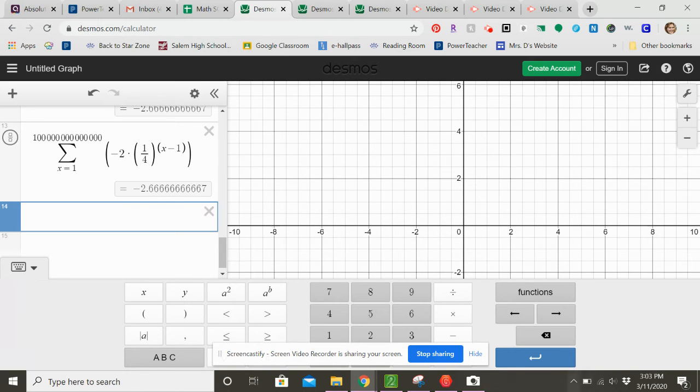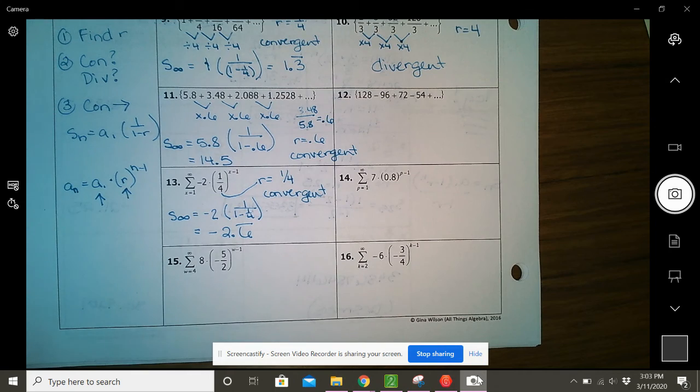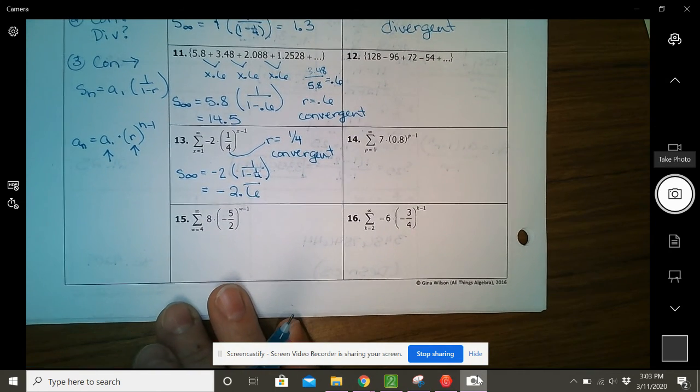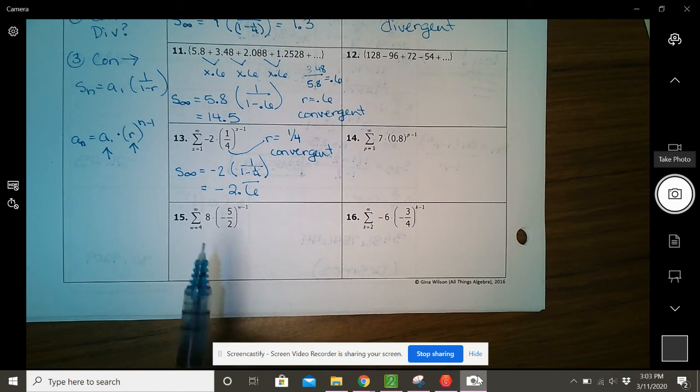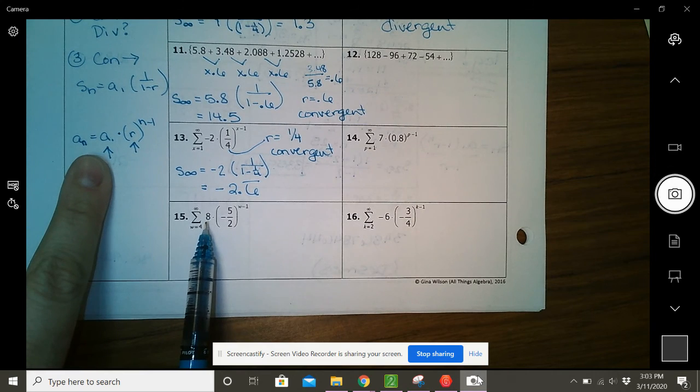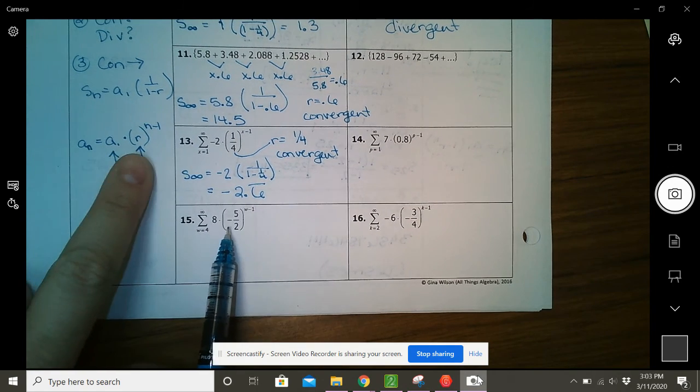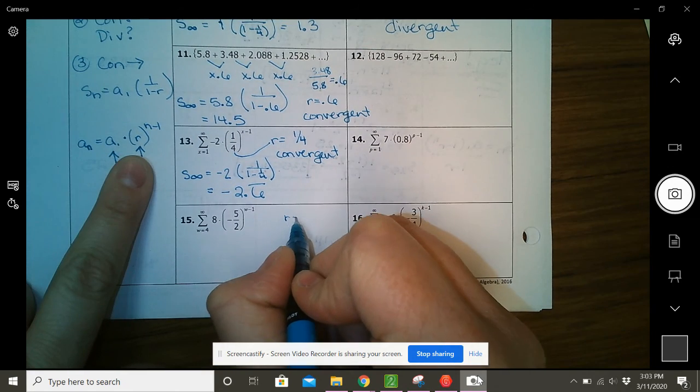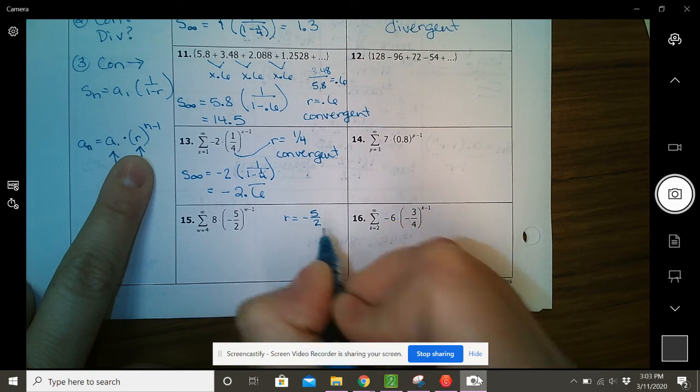Okay, we're going to do one more together, and then you're going to get some time to study. So let's check out number 15. All right, this is written where our a sub 1 is 8, and our r value is -5/2.